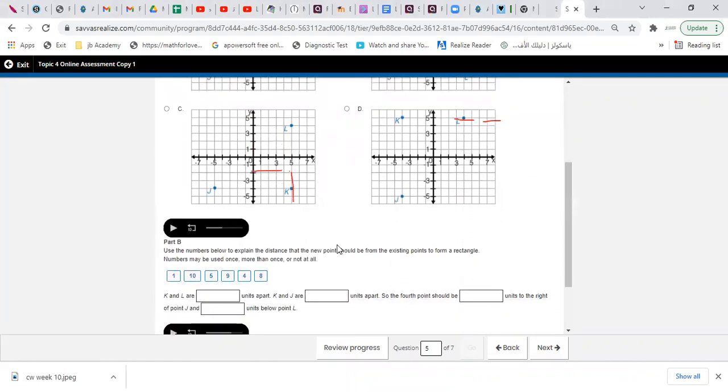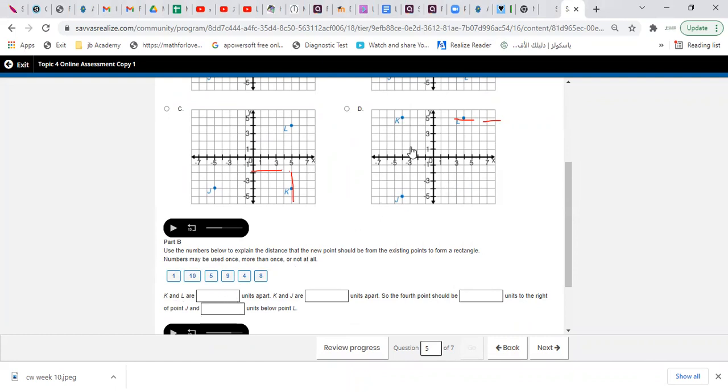Now part B, use the numbers below to explain the distance that the new point should be from the existing points to form a rectangle. Numbers may be used once, more than once, or not at all.